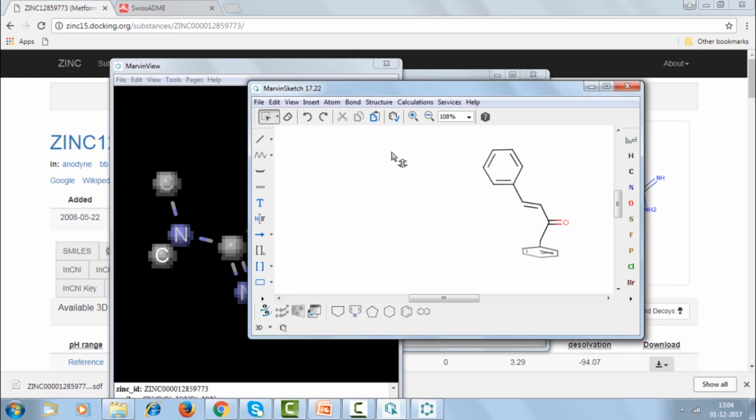We can draw very complex structures also, or we can go to the ZINC database, and if the structure is available, we can download it as SDF, take it to Marvin View, do all the calculations and store it in MRV format for further analysis, because later on we are going to study pharmacophore analysis, where this particular information will be very essential.